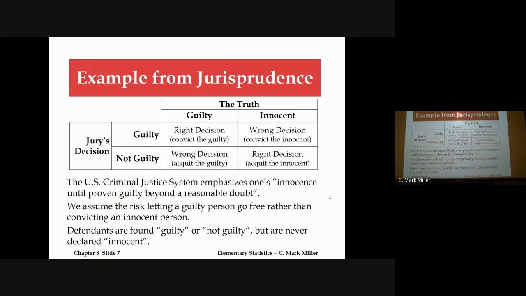But if the prosecution doesn't bring forth enough evidence to convince jurors beyond a reasonable doubt, then he's found not guilty. By the way, he's not found innocent. In our system, you don't find people innocent. People say that, oh, he was found innocent. No, he's acquitted. He's found not guilty. Anyway, I'll leave it there. That's the beginning of chapter 8.